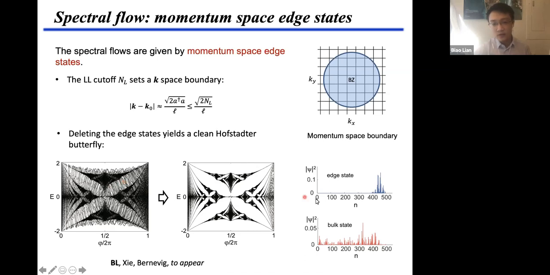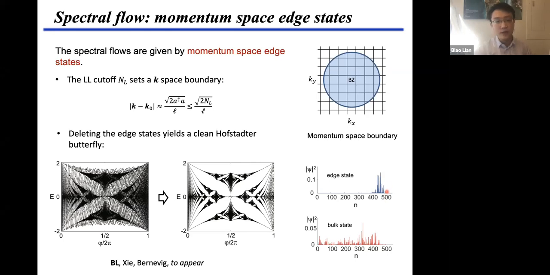This can be more clearly seen by looking at the wave functions of these in-gap edge states. This is a typical example. It's a state at about the position here. If you plot the norm with respect to the Landau level number, you find for an edge state, the wave function is mainly concentrated near the cutoff Landau level number N_L.